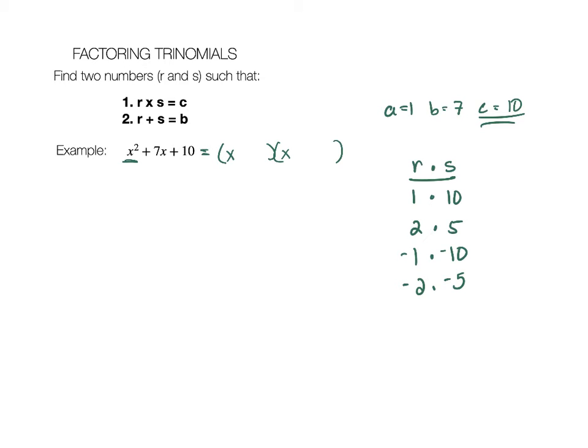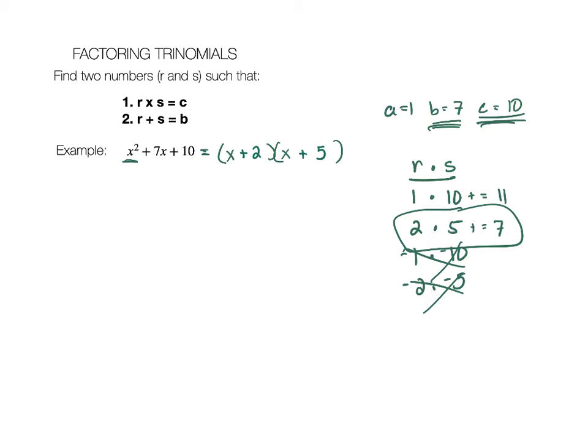So in this case, if we add 1 and 10 together, they add up to 11. So that doesn't work. Remember, they have to sum to the b value. We add 2 and 5 up, they equal the positive 7. There's no way these negatives would ever add up to a positive 7. Okay, so we know it has to be the 2 and the 5, because they multiply to 10, they add to 7, so we go plus 2 and plus 5.